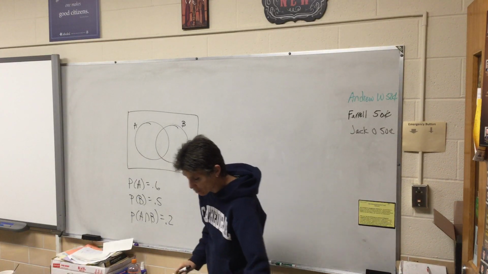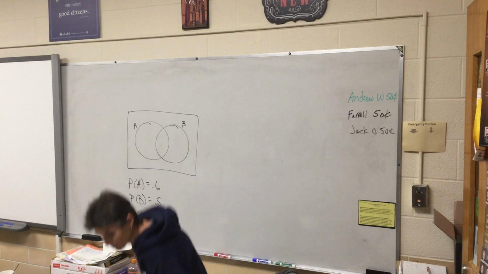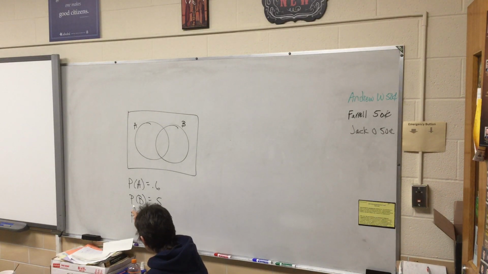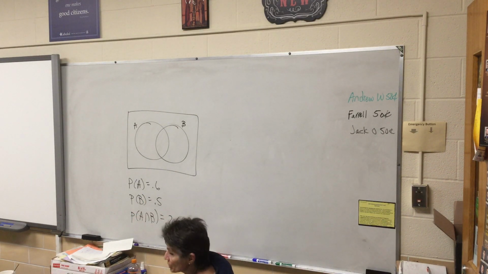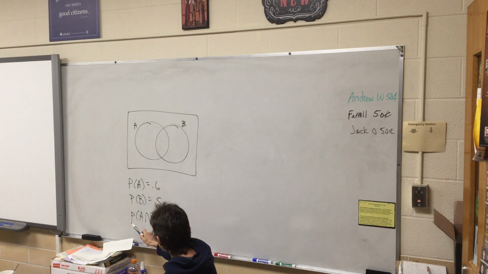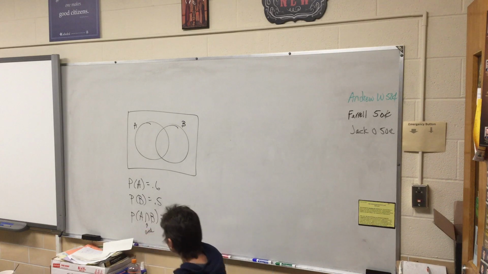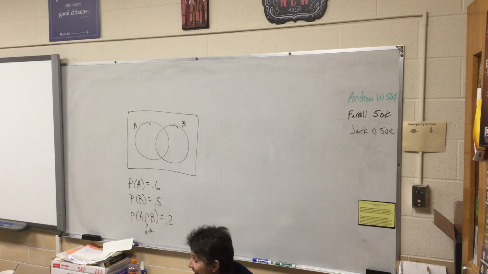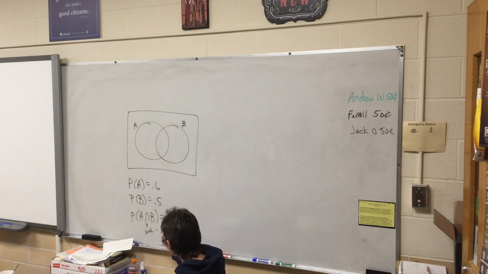So let's talk about that again. Make sure you understand. When we put the P out here like that, it looks like function notation, that's probability. So that's saying the probability of A is 0.6, the probability of B is 0.5, and this means and. So the probability of A and B. So that indicates overlap.